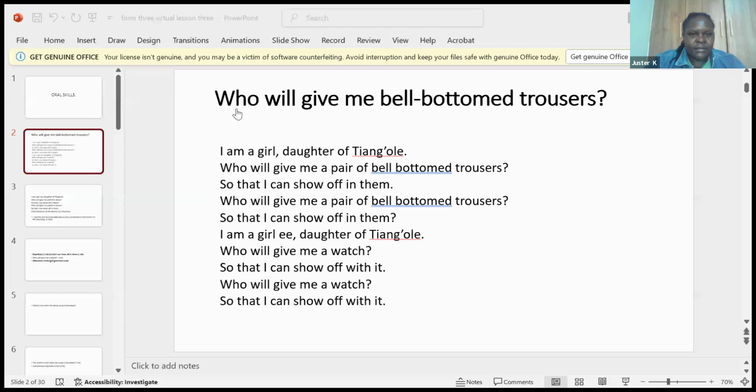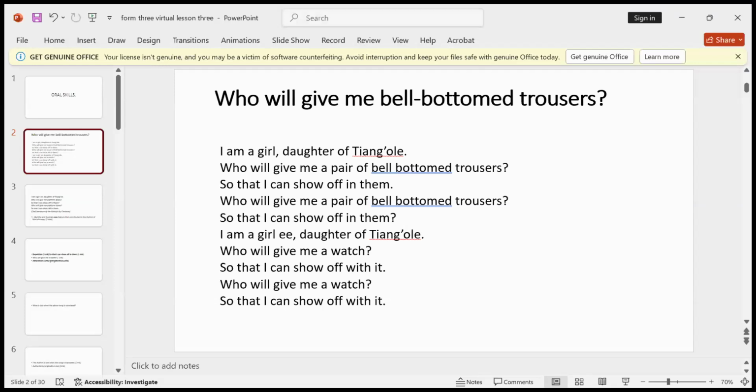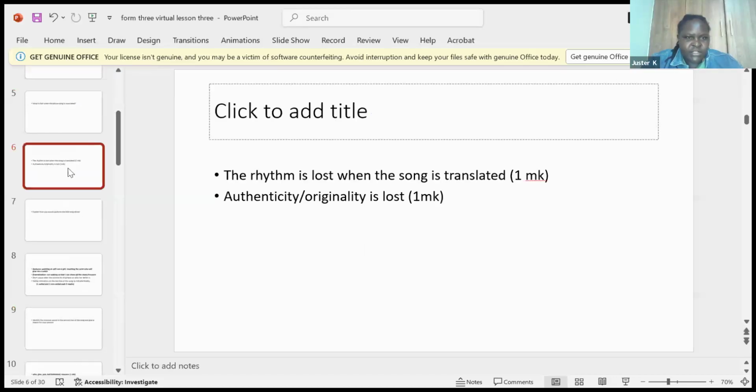All right. Anybody? Bell, bottom. Take us through. Who will give me a pair of bell-bottomed trousers? To describe the trousers that the girl is asking for. So which words would you stress? Bell and bottomed. Let's see whether you've got it right.